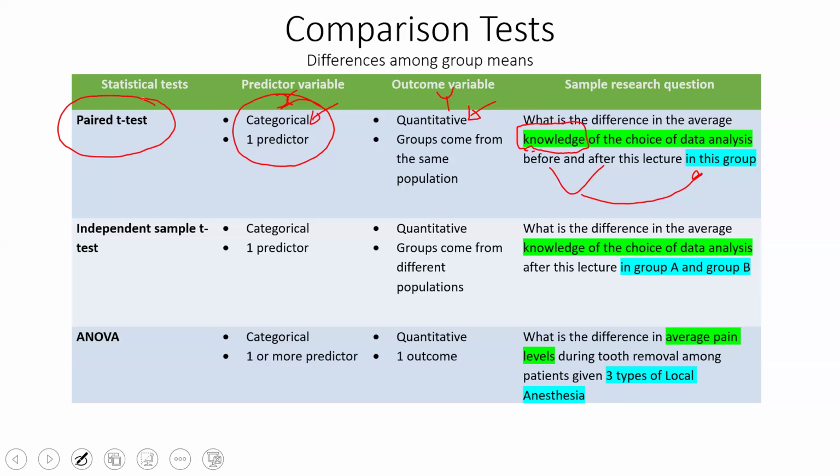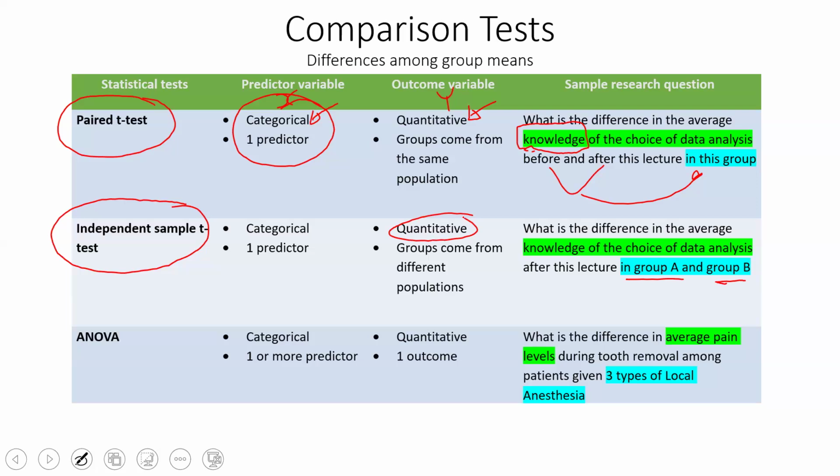But there are occasions where you have one group, group A, and another group, group B. And that is where we have the independent sample t-test, where we have a categorical group, that is group A and group B, and we are still checking for a particular outcome. So look at the sample question. What is the difference in the knowledge of the choice of data analysis after this lecture in group A and group B? So I might have a group A that did not have this lecture, and I assess them on the choice of data analysis.